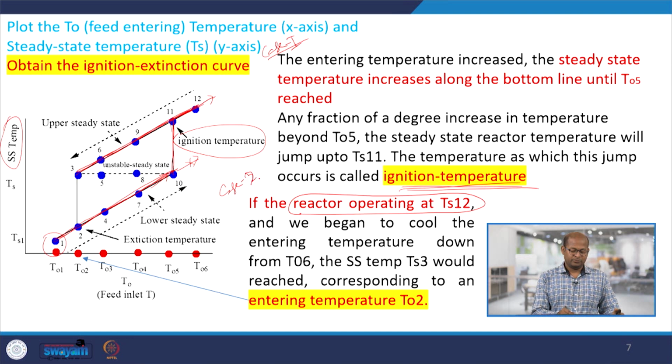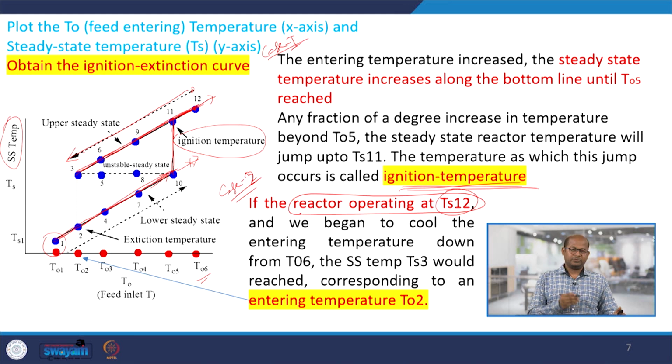If we start at TS12, that is feed inlet temperature T06, where the steady state is TS12, and gradually decrease the temperature, we are decreasing it this way.